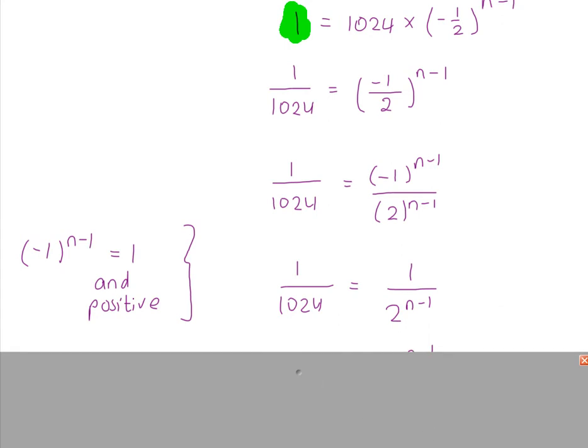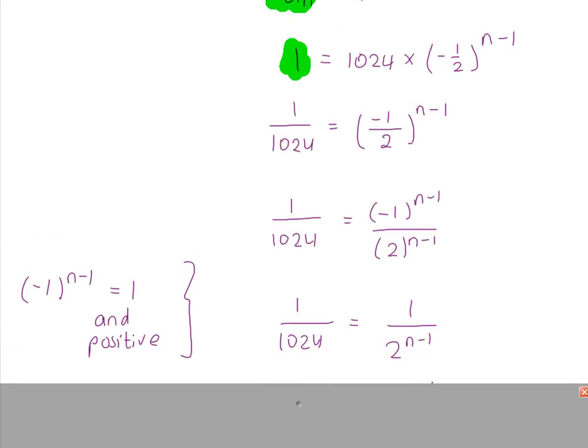Now minus 1 to the power of n minus 1, if we just look at this part separately: minus 1 raised to an odd power gives minus 1, and raised to any even power gives plus 1.